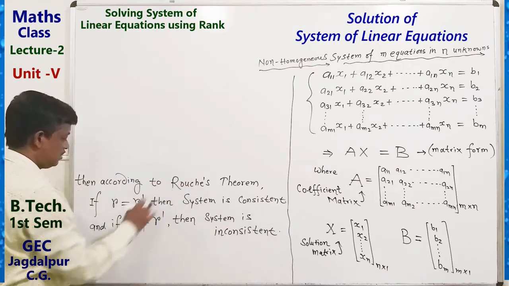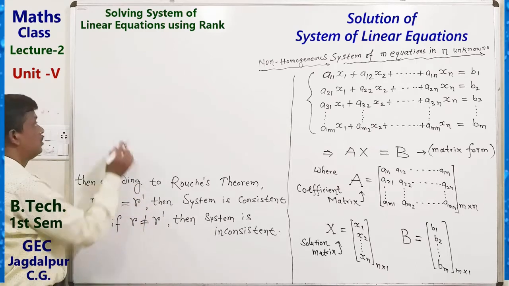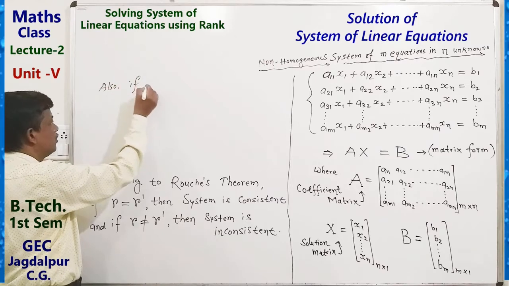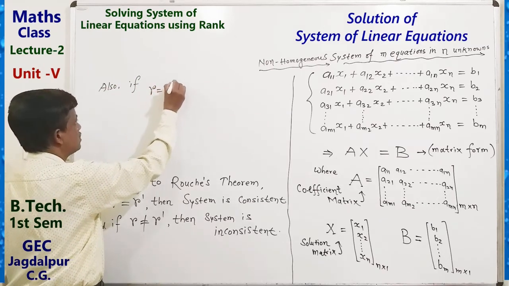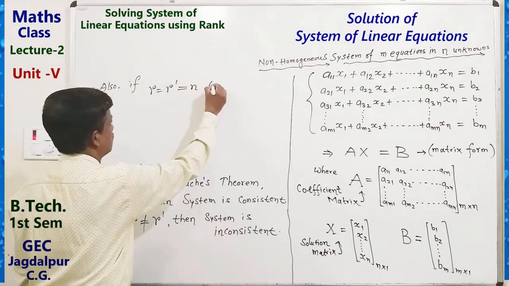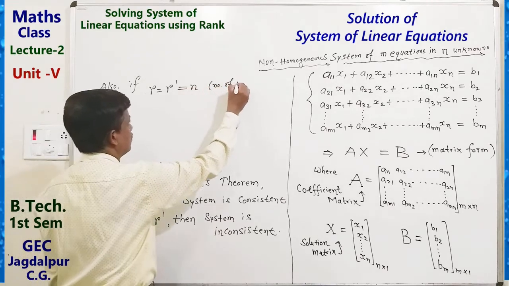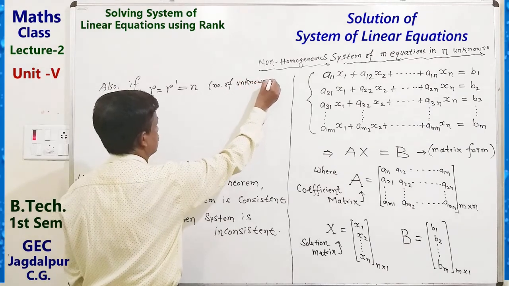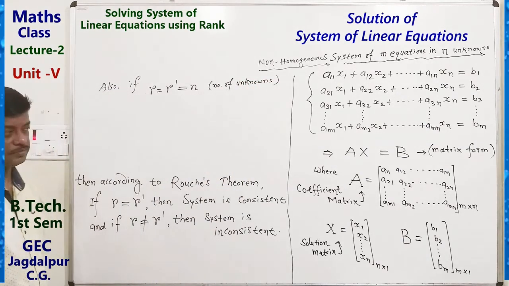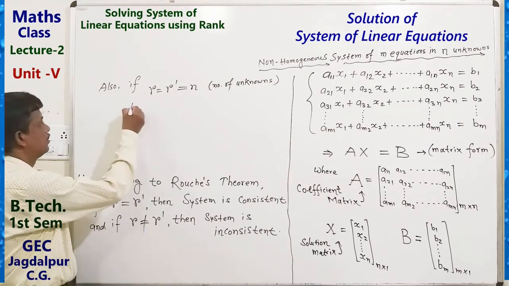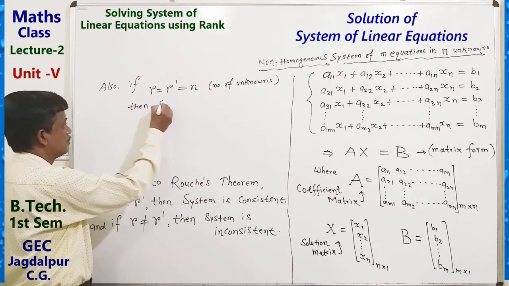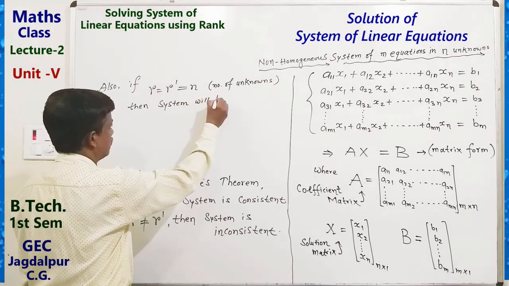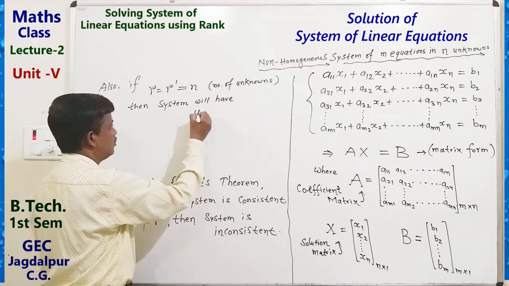Okay, so here also if r equals r dash equals n, the number of unknowns, then the system will have a unique solution.